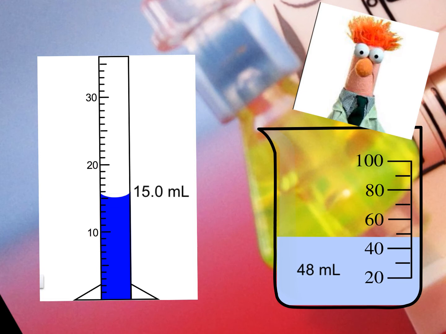And I estimated the ones place when I was reading the volume in the beaker. If I wanted to estimate one place past what I could see for certain here with a graduated cylinder, then I would estimate that to be 15.0 milliliters, estimating that tenths place.